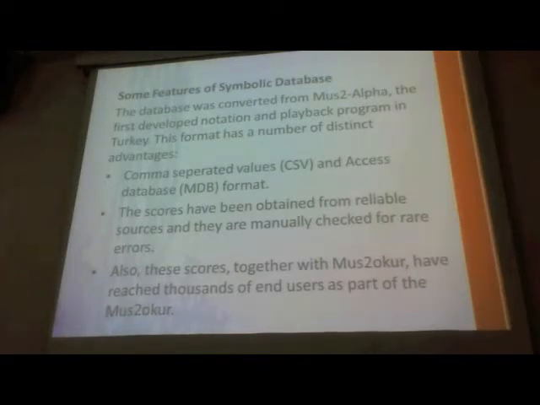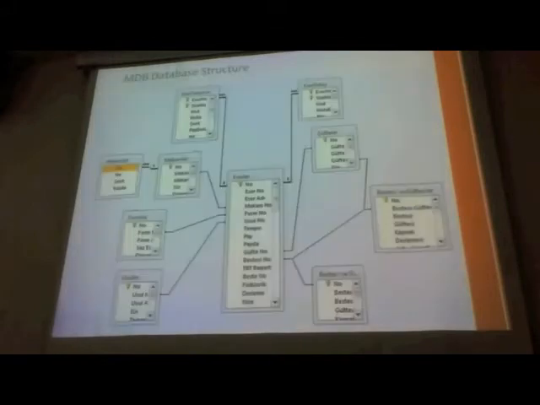They are also transformed into an Access database to allow for the advantages of the structured query language, SQL. We talked about the database in depth yesterday, so I reused this schema in the presentation.